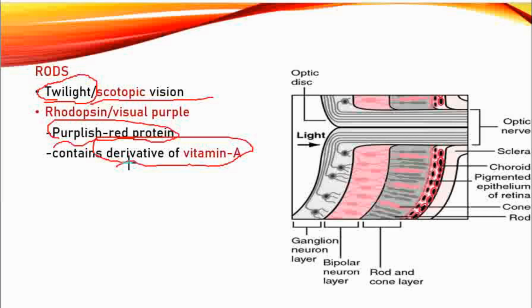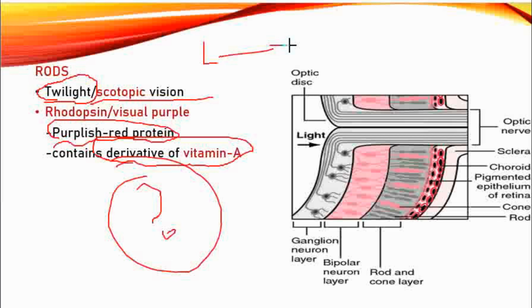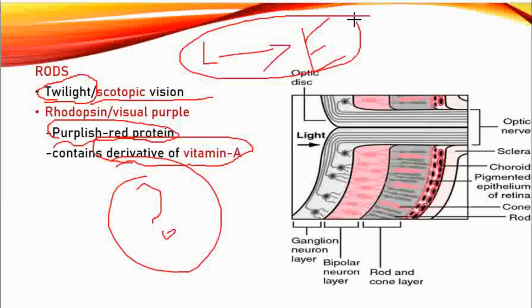What's the function of rhodopsin basically? Why is rhodopsin present? It converts light energy into electrical energy. That's the basic thing here. So it converts the light into an electrical signal. That's the function of rhodopsin.